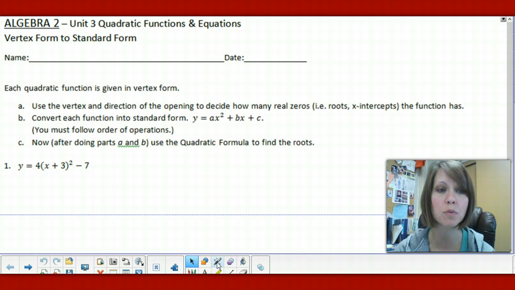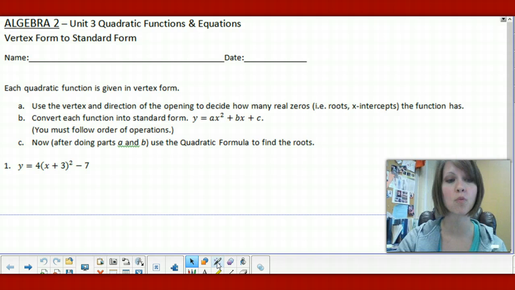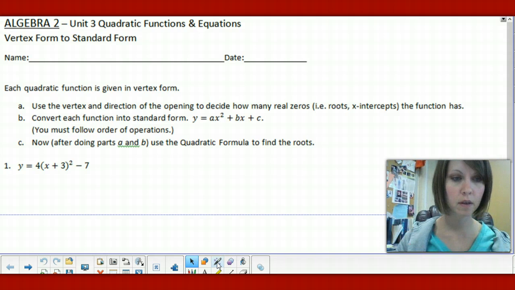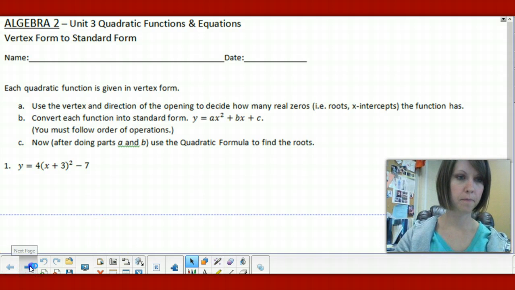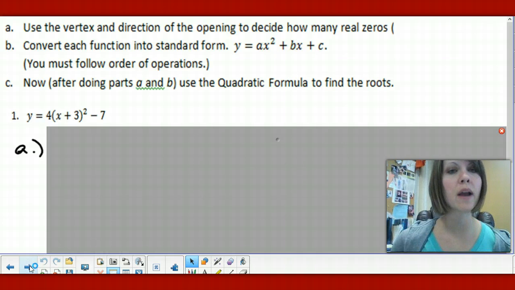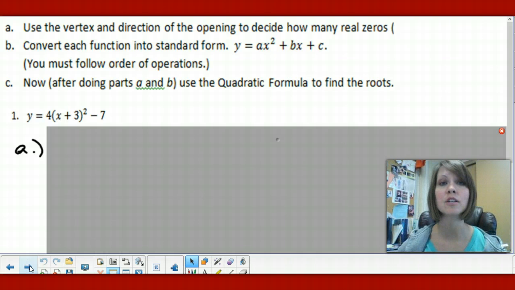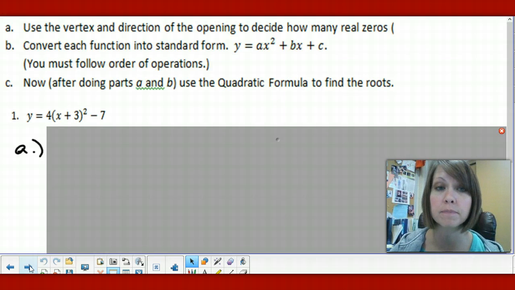All right, so this is what the worksheet looks like. We're going to work through number 1 together. Okay, so part A: use the vertex and direction of the opening to decide how many real zeros there are.